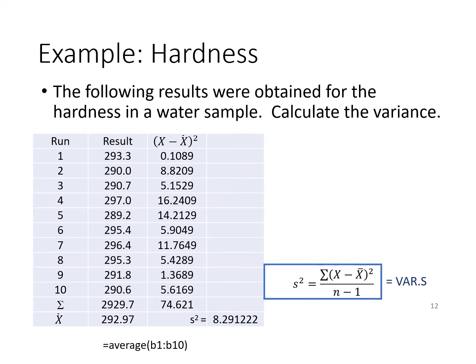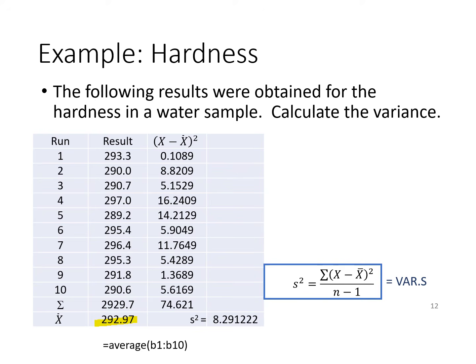Let's look at this example, where we have a sample. We've done 10 replicates where we've measured hardness on this water sample. We've tabulated the results and calculated the mean, which is shown here.